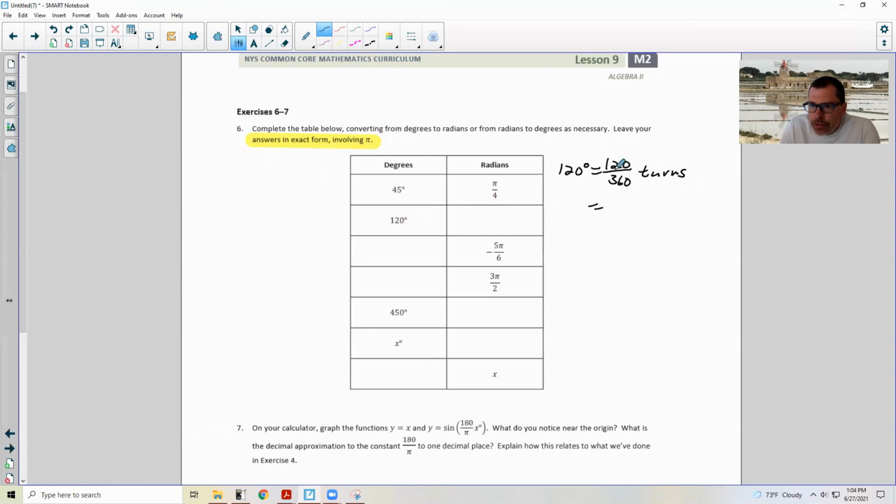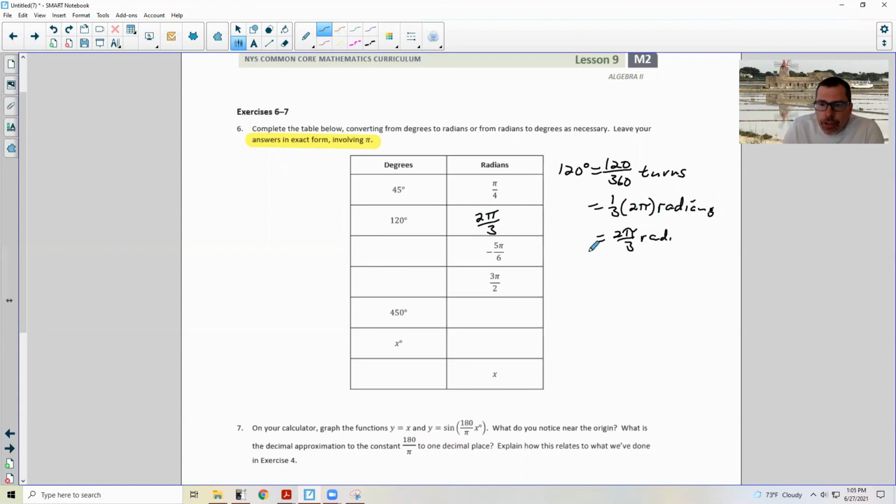So that's going to be 1/3 times 2 pi radians, right? One full rotation is 2 pi radians. And then that is going to equal 2 pi over 3 radians. Okay, so that'll be 2 pi over 3, because if it's involving pi, leave your answer in that form.